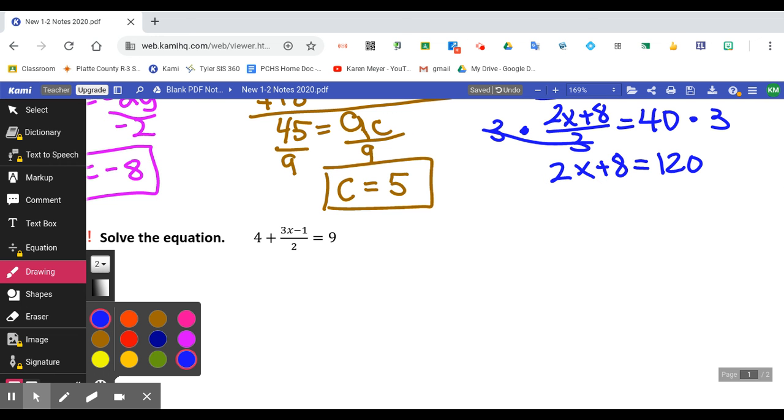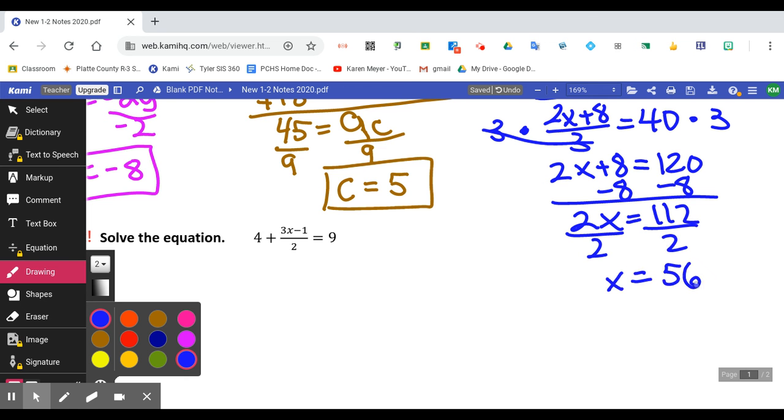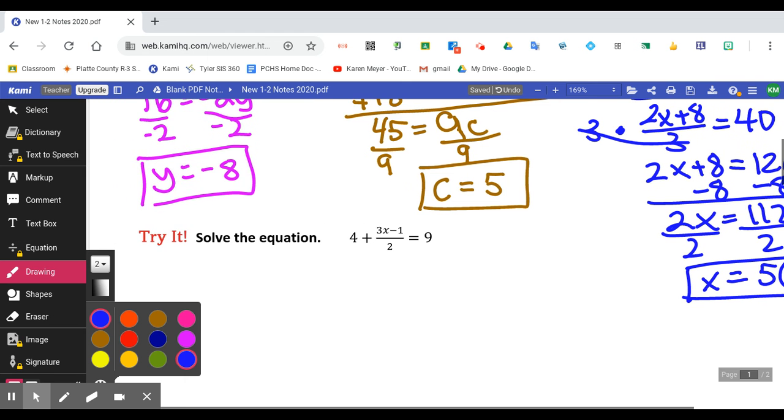So to get rid of a plus 8, you have to subtract 8 on both sides. So 2x equals 112. And then to get x by itself, you got to get rid of the 2. So divide both sides by 2. And x equals 56. Now at this point, you should pause the video and try the try it question by yourself.